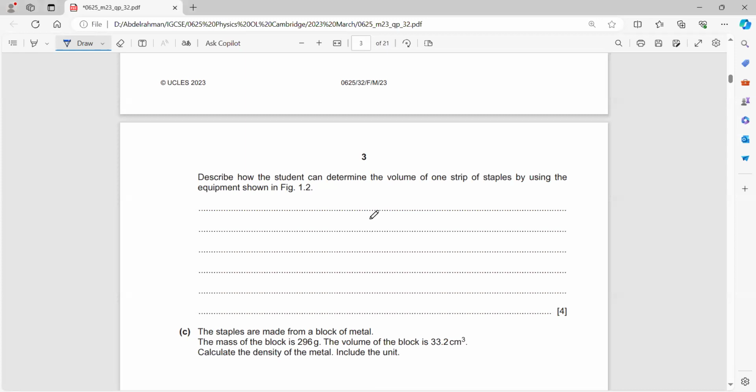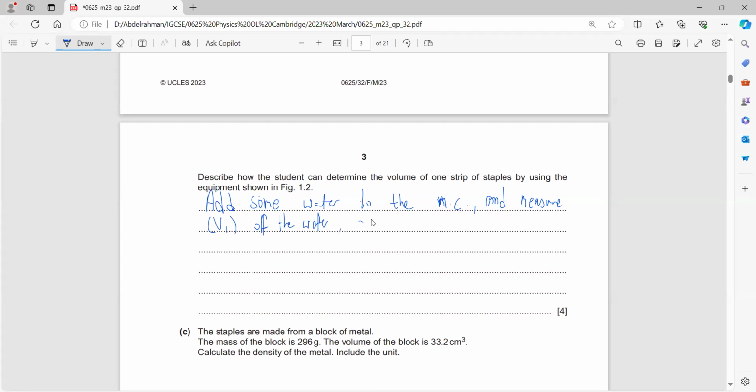Add some water to the measuring cylinder. Again, measuring cylinder, do not write MC. Write the whole word. Measuring cylinder. And measure volume 1, V1, of the water.